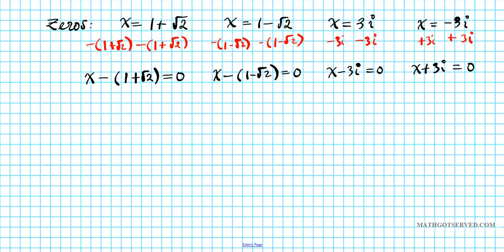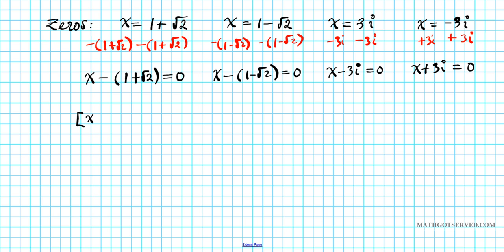Now, to finish this off, we're going to use the reverse of the zero product property. Remember, when you have the zero product property, you have the factored state, and you set each factor equal to 0. Now, how do we reverse that? We have each factor equal to 0, and we are simply going to multiply all these factors together.